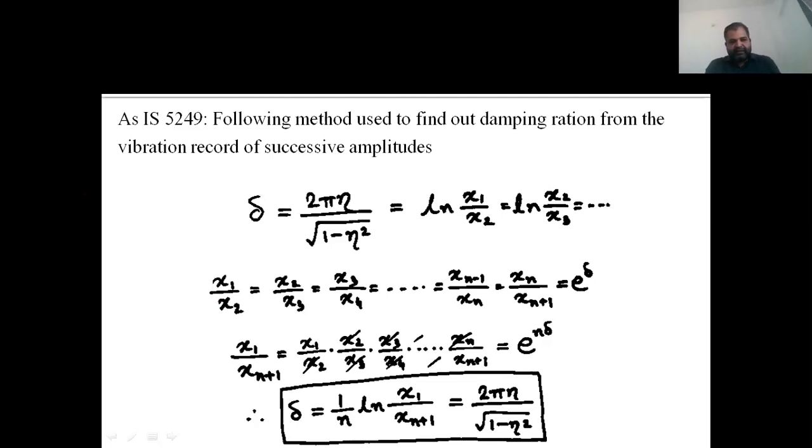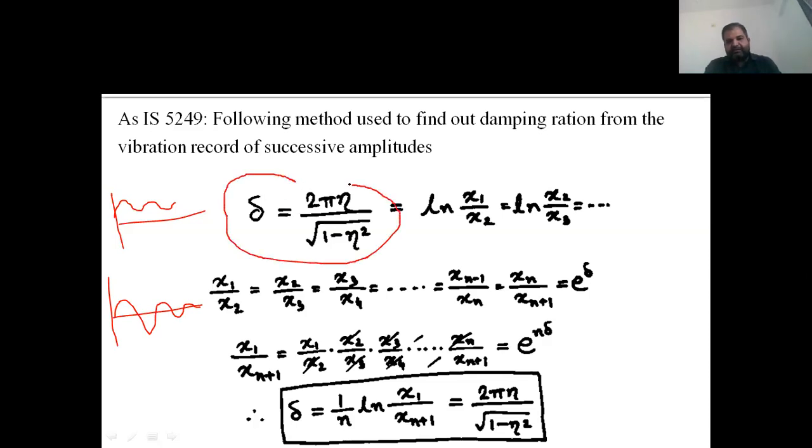So suppose you have a vibration record like this, and so on. Then you can put this formula: delta is equal to 2 pi eta upon square root of 1 minus eta square, which is nothing but, as you have already seen, ln x1 upon x2, which is equal to ln x2 by x3.